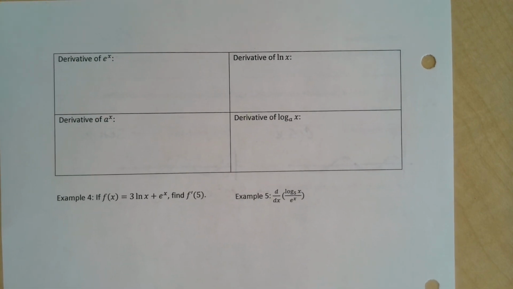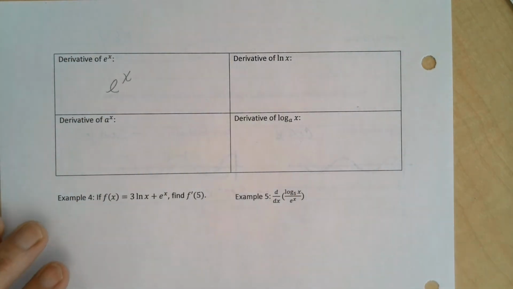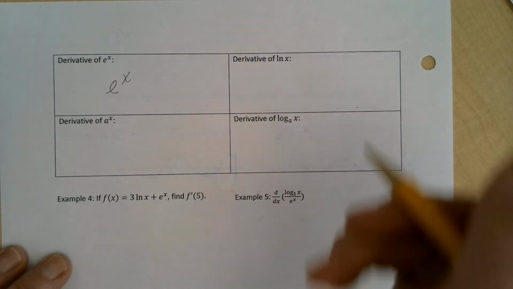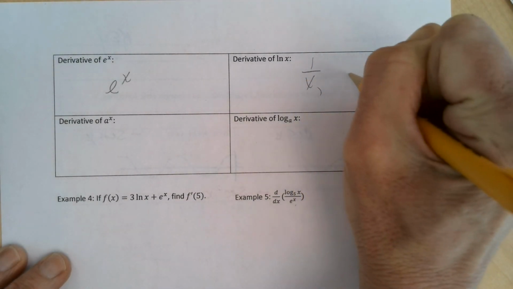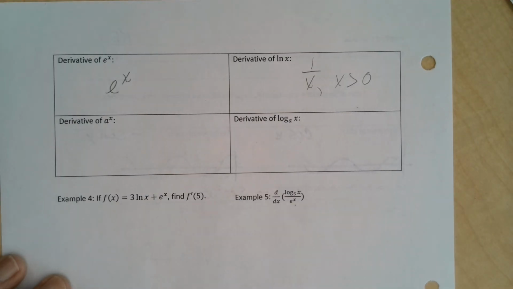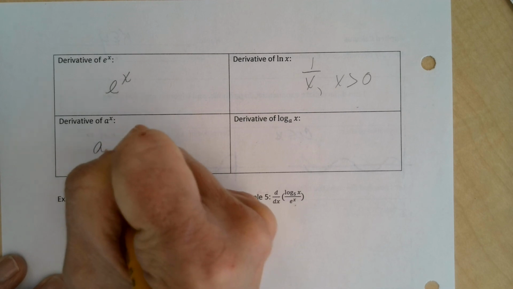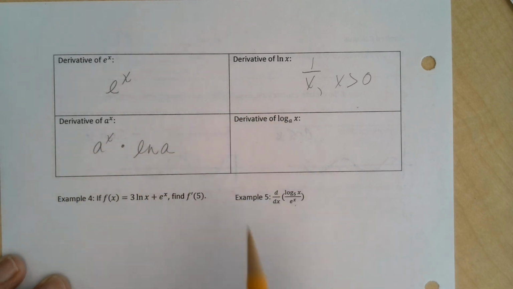All right, here's some easy ones. Ready? Derivative of e to the x. More ones for us to use. E to the x. You're like, wait, what? ln of x, 1 over x, as long as x is greater than 0. A to the x times the natural log of a.